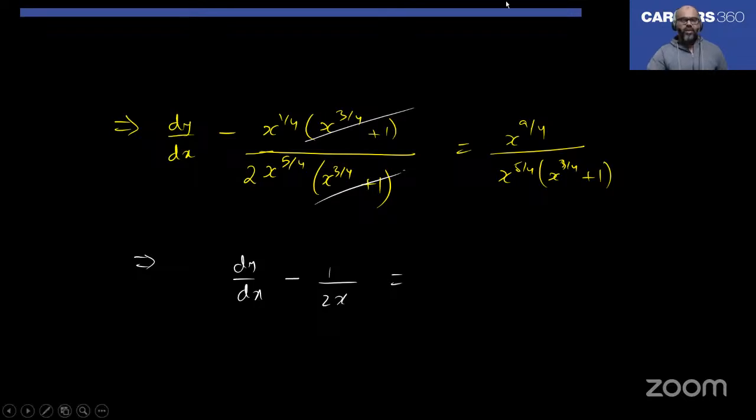Okay, after this calculation, here x to the power 9 by 4 by x to the power 5 by 4 will become x to the power 4 by 4 into 1 plus x to the power 3 by 4.